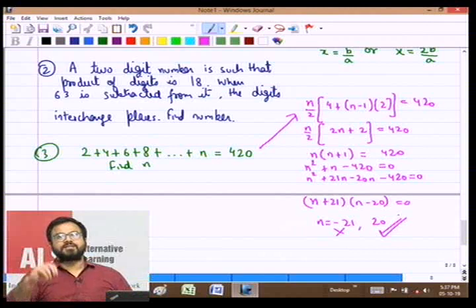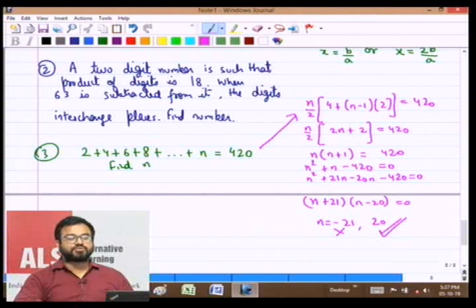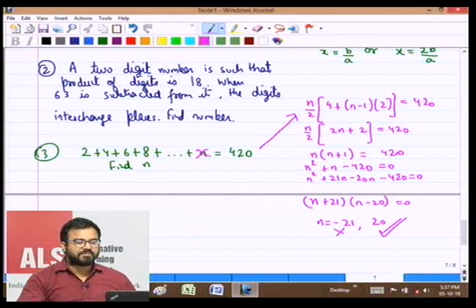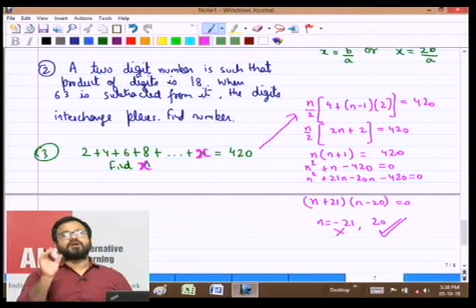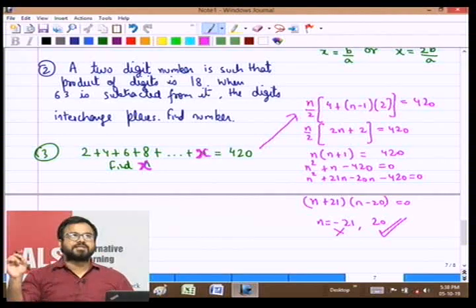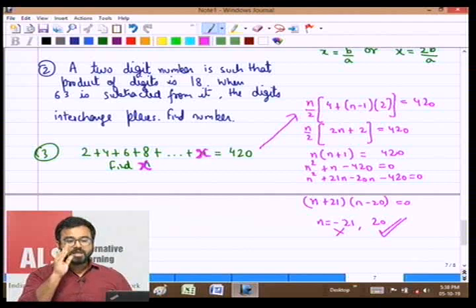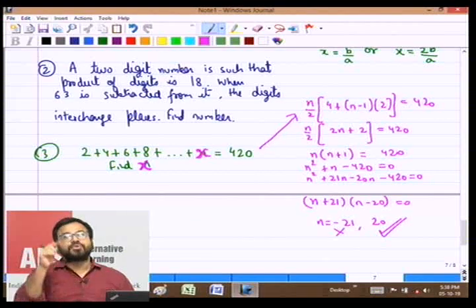Now after getting the number of terms, we can change the variable a little bit. Let's say this is x, so we have to find x. Right now we have figured out there are 20 terms in this series, so x is the 20th term.